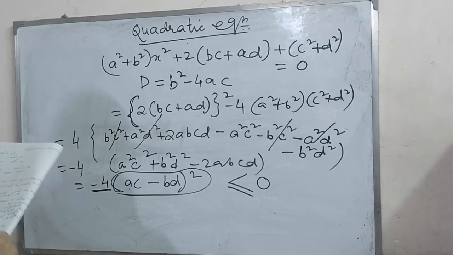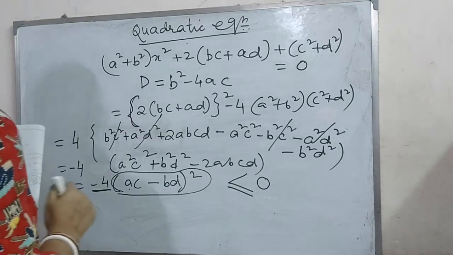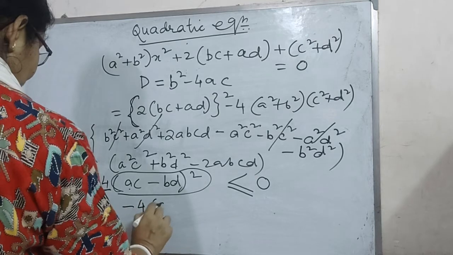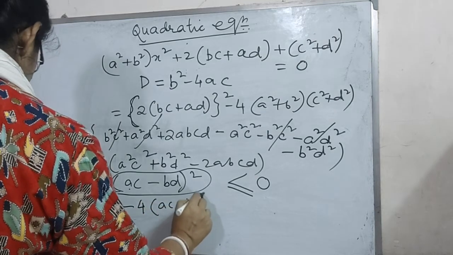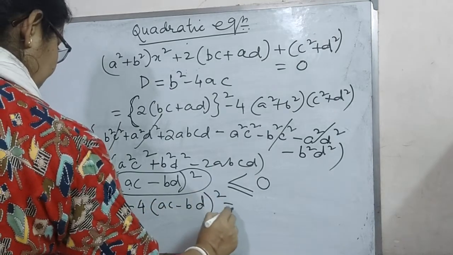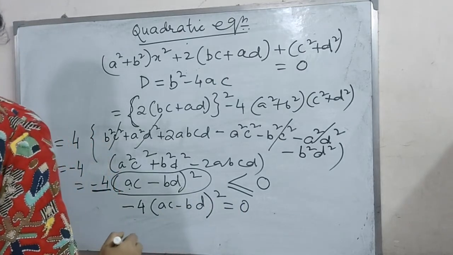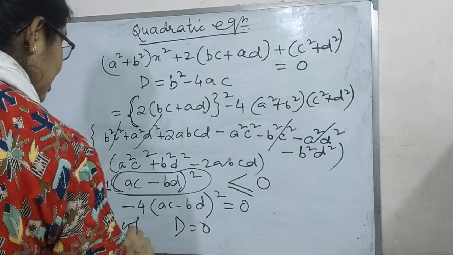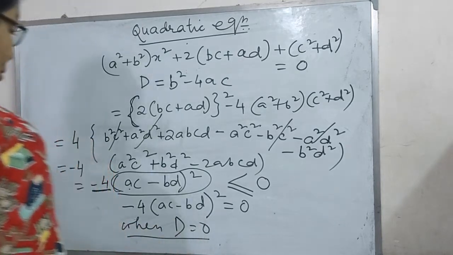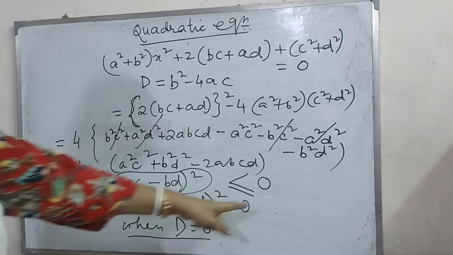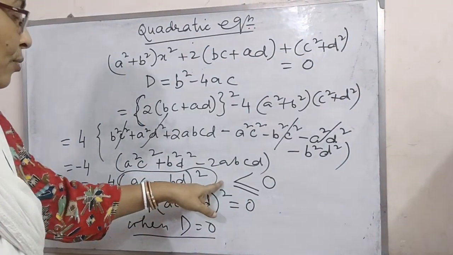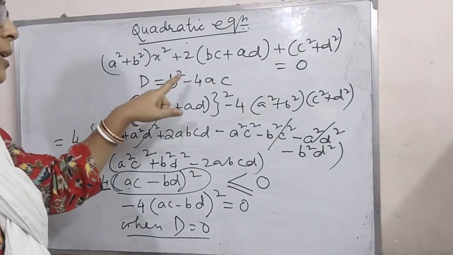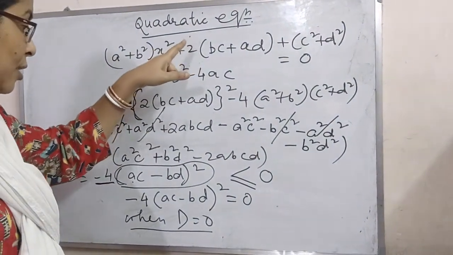For real roots, −4(ac − bd)² is equal to 0 when D = 0. If this is less than 0, then the roots are imaginary, but here it is given that the roots are real.